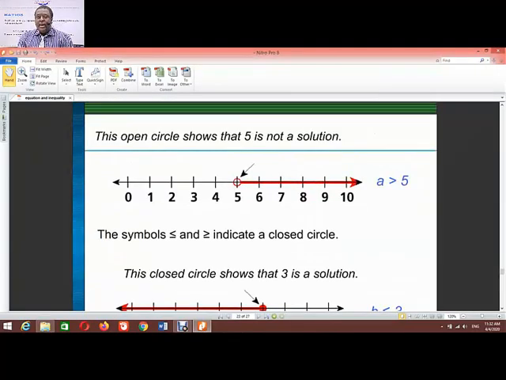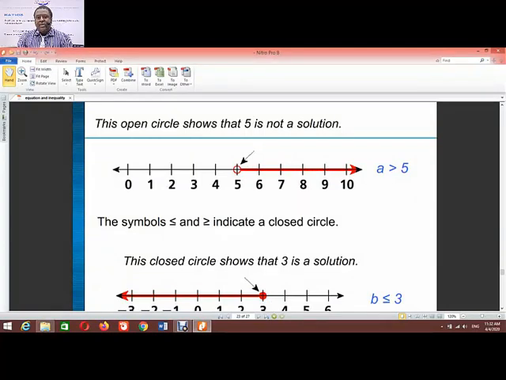Now on your PC you can see a number line showing a is greater than 5. Why do we have an open circle? Because it is greater than 5, we open it from 5 to infinity.